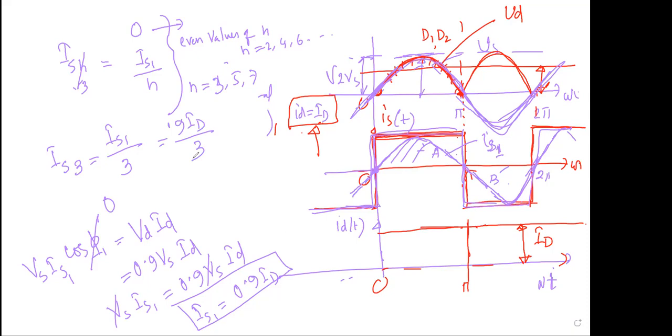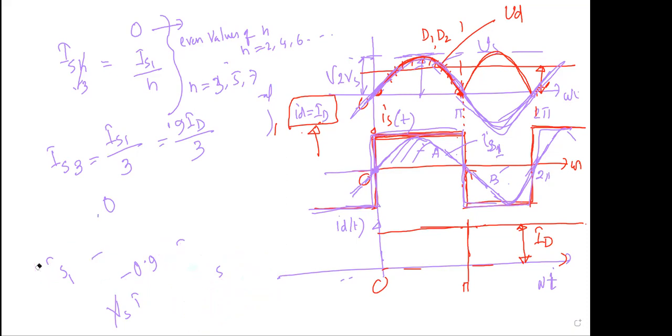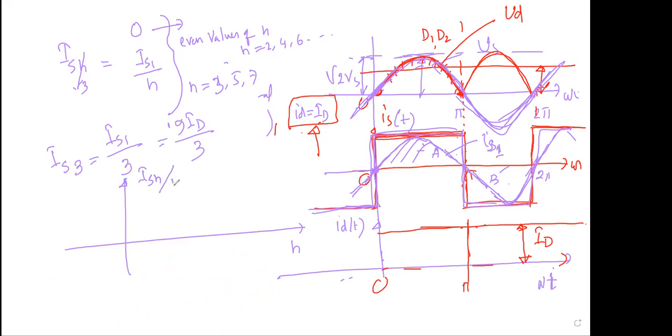Yes, sir. Okay, now if you want to plot, for the harmonics we can get the magnitude. Suppose with respect to H, you are trying to plot ISH by IS1. So what will be the first harmonic there? IS1, put H equal to 1. So that is 1, right?